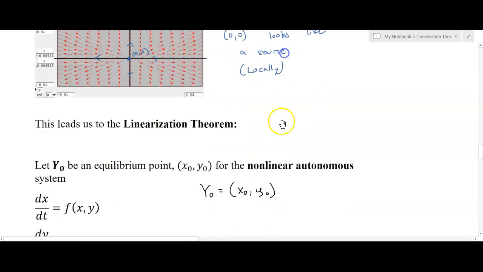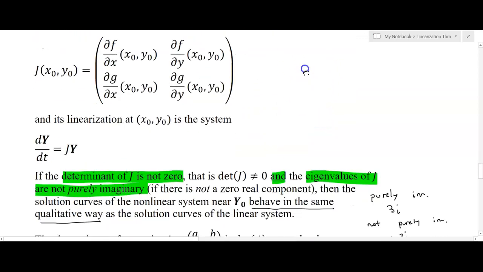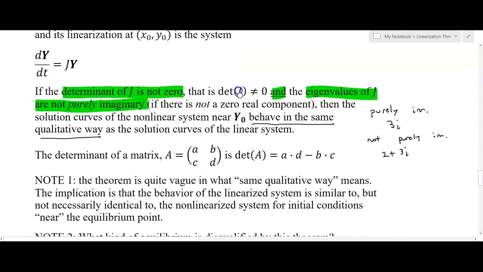Now we have a way of actually computing that linearized matrix. Once we have that linearized matrix, we can compute its eigenvalues, and we know just based on the eigenvalues whether that point will behave like a sink, source, spiral sink, spiral source, center, or saddle point.